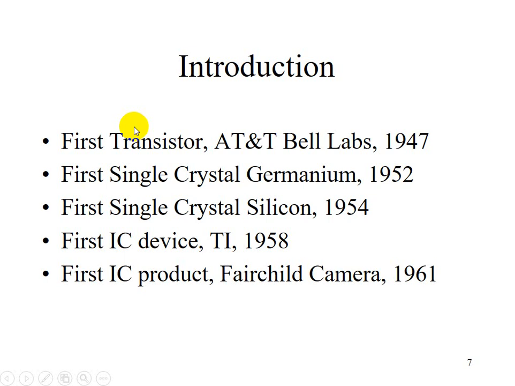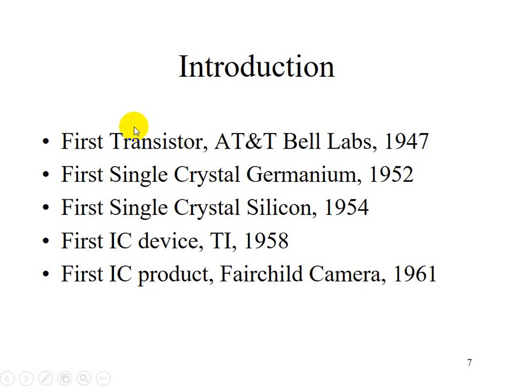Germanium is a group 4 element in the periodic table. Two years later, in 1954, silicon, in the same group 4, was used to fabricate a single crystal transistor.